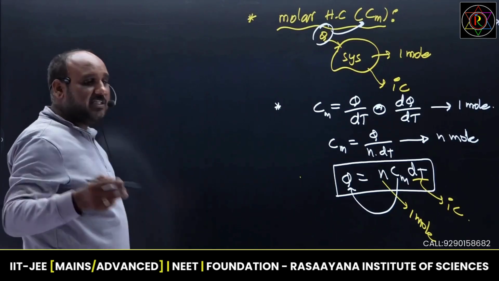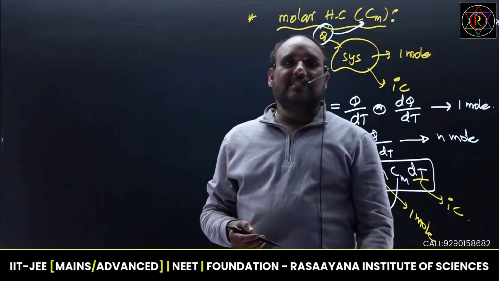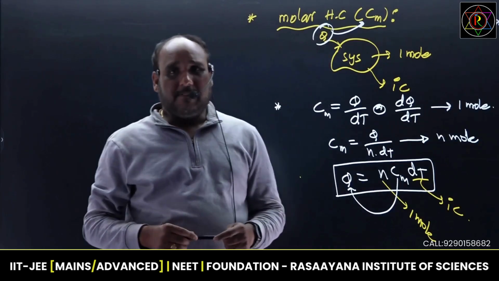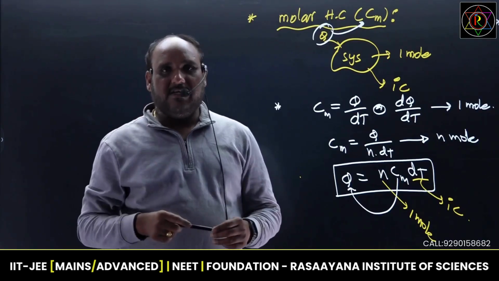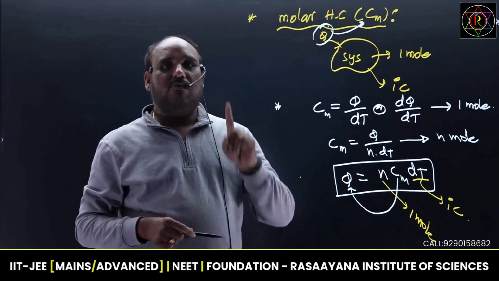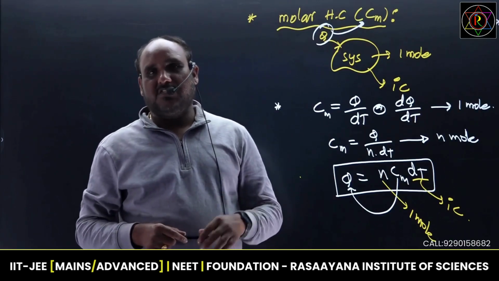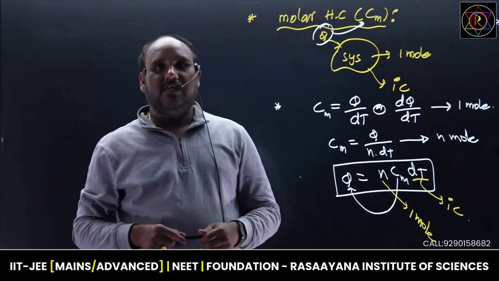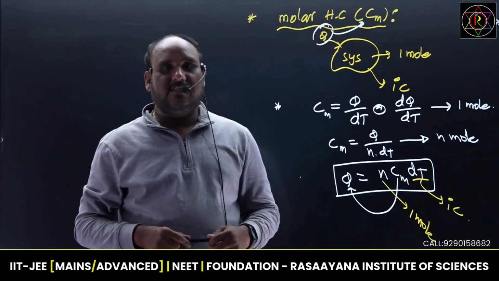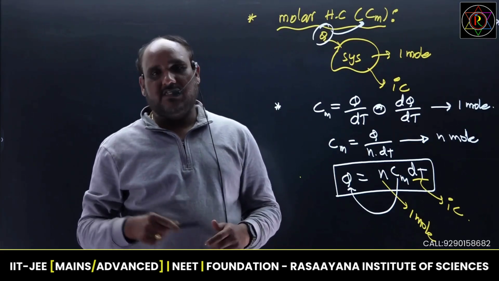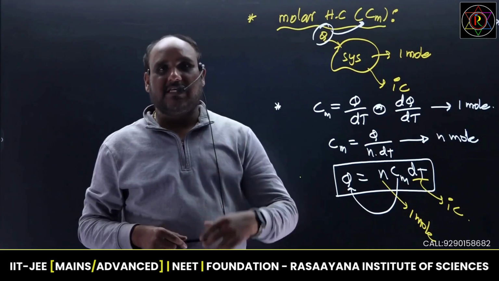Why do we have to study CP and CV? What is the use of studying them? Many gases are there. For example, noble gases are monoatomic gases. Some other gases like hydrogen, oxygen, fluorine, nitrogen are diatomic gases. Some gases like carbon dioxide and nitrogen dioxide, NO2 and CO2, are triatomic gases.